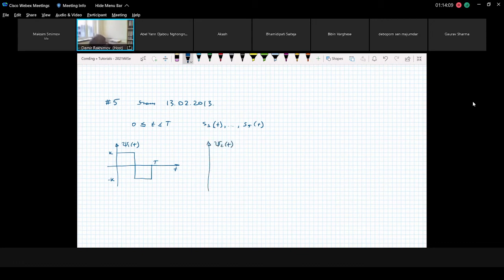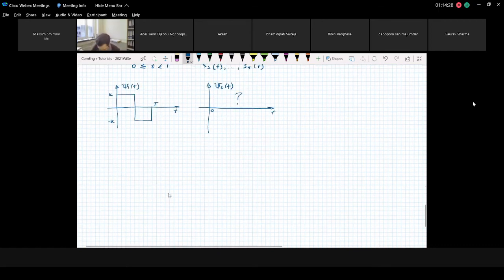We know that it exists, that we need two basis functions, but we don't know the shape of the second one. Now we need to solve this task. First of all, we need to determine the value of the constant k.